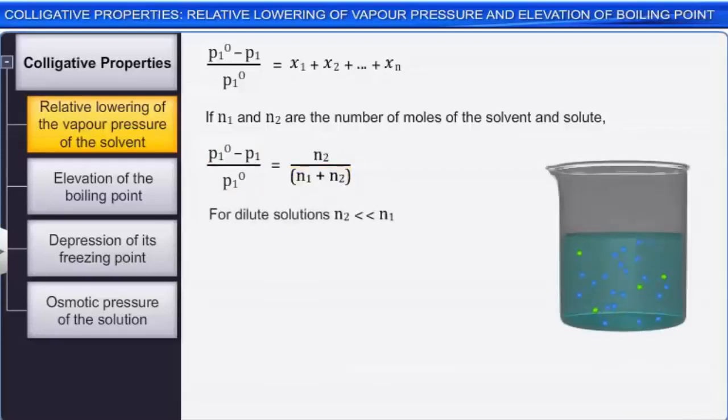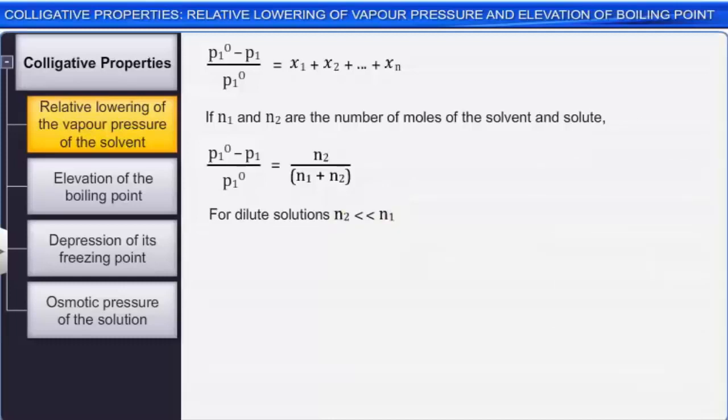If the solution is very dilute, then the number of moles of solute will be very less as compared to the number of moles of the solvent. Therefore, neglecting N2 in the denominator, we get P1 naught minus P1 divided by P1 naught is equal to N2 divided by N1.